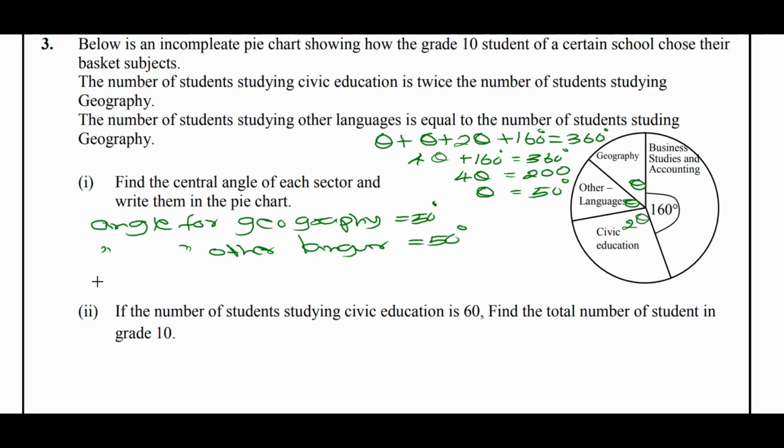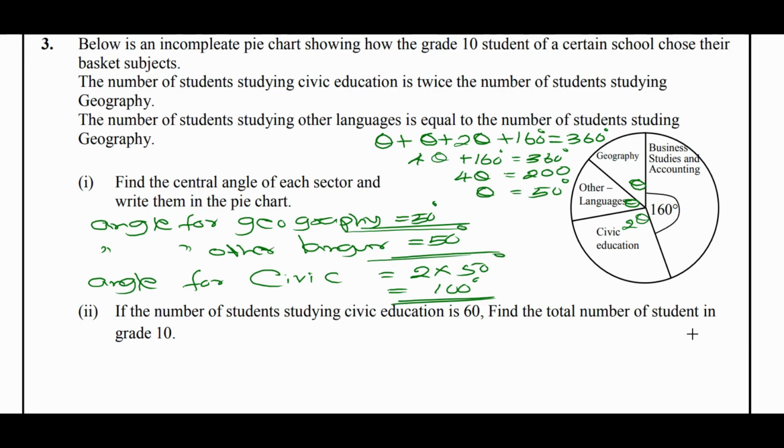Then angle for civic education is equal to 2 theta, that means 2 into 50, equals 100 degrees. Problem number 1 is done.